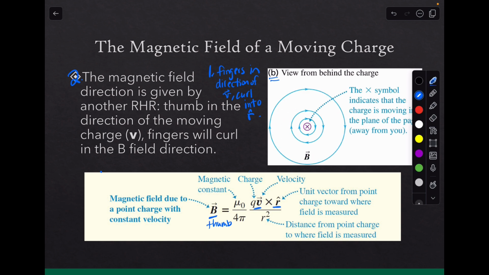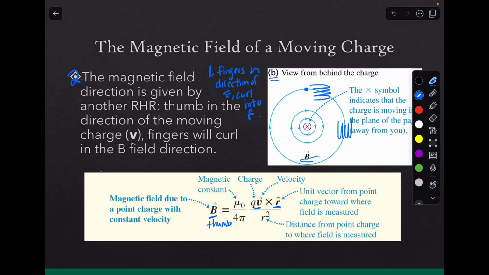If you want to know the direction of the B field up here, you pause your fingers there, and when you do that, you'll see that your fingers are pointing this way, and your thumb is into the board. And if you pause your fingers here, your fingers will be pointing this way.